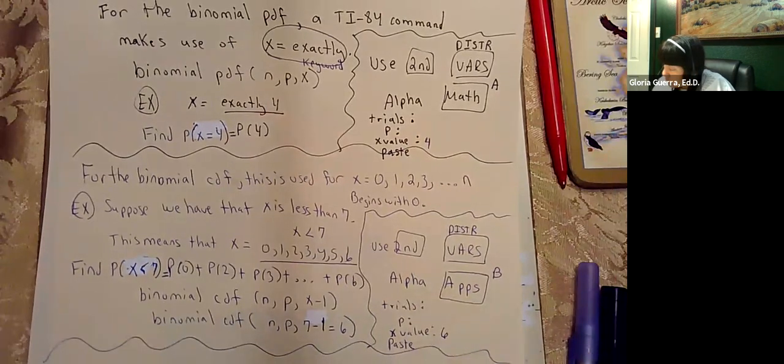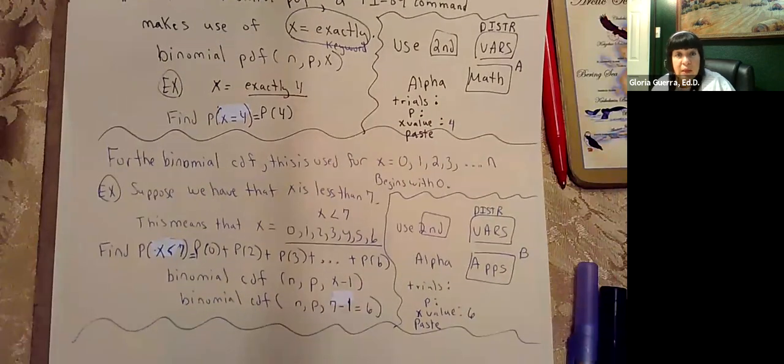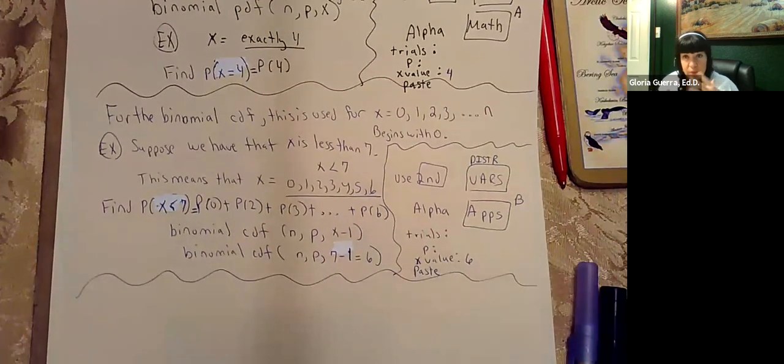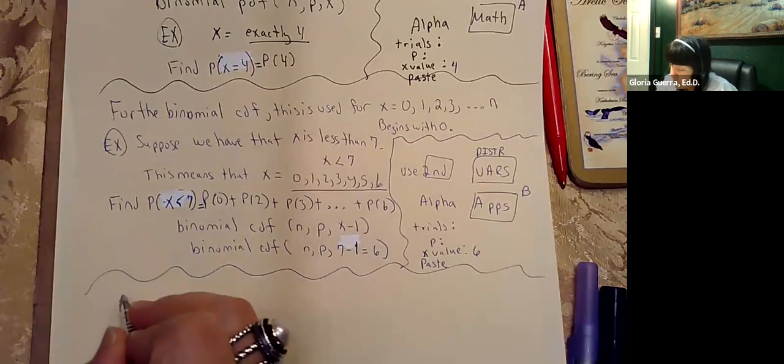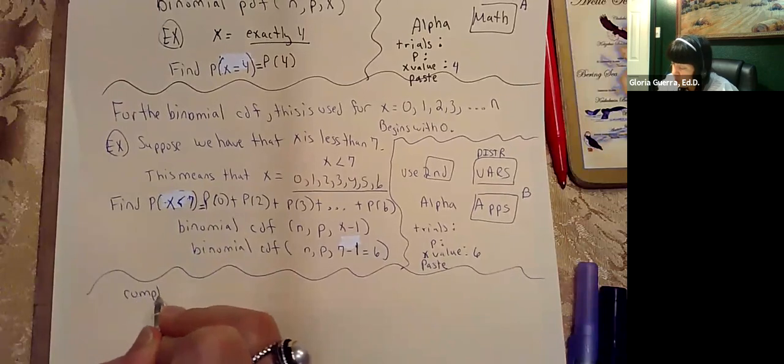And then the last scenario. So these problems that we're going to work on, it could be one of these 3 types. Okay, you're narrowed down to these 3 types of problems in 5.3. So the other one uses the complement idea.